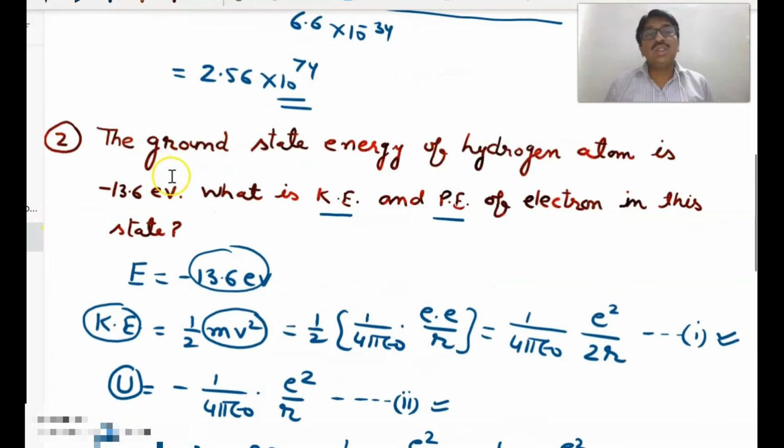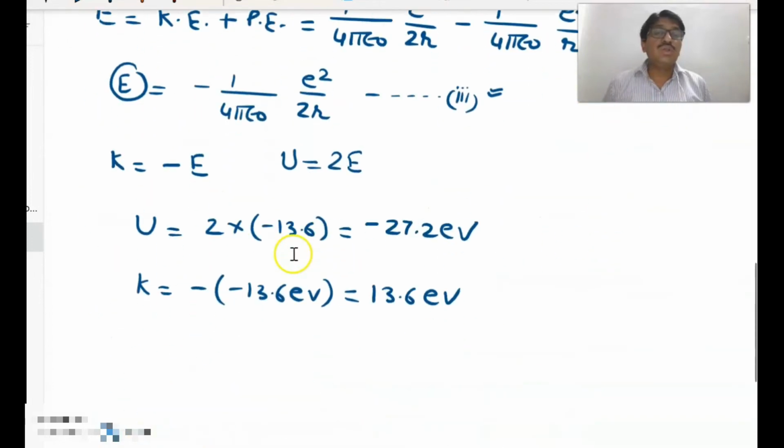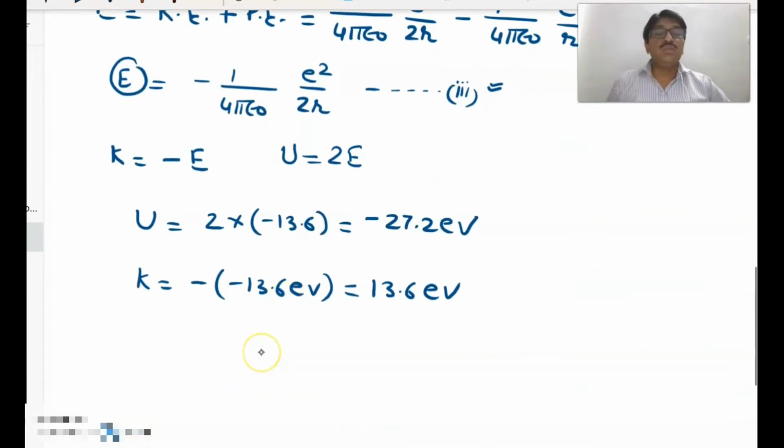So the kinetic energy and potential energy of the electron in this state are: kinetic energy is positive 13.6 electron volt and potential energy is negative 27.2 electron volt.